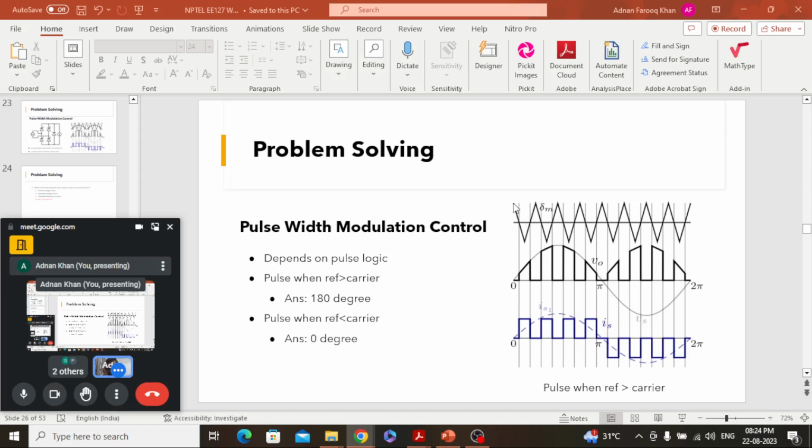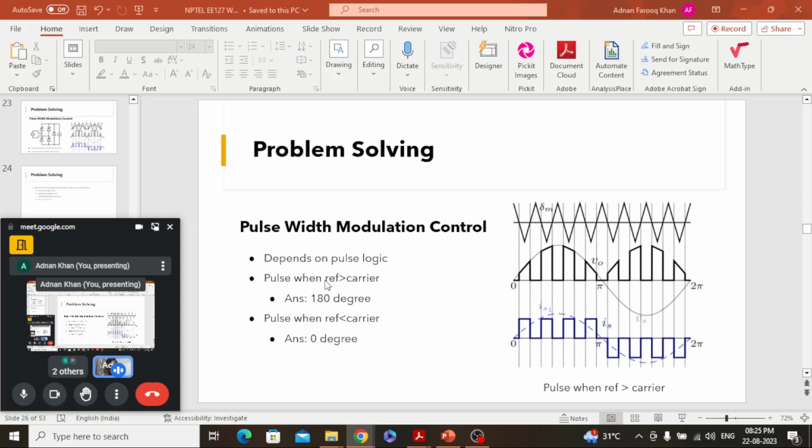So you can see that at that moment our reference will be greater than the carrier for the whole duration of time. If we move this upwards, when this amplitude is equal to this, our switch will be on for the whole duration of time. If you take an interval from 0 to pi, 0 to 180 degrees, you can see that our switch will be on for the whole duration from 0 to 180 degrees.